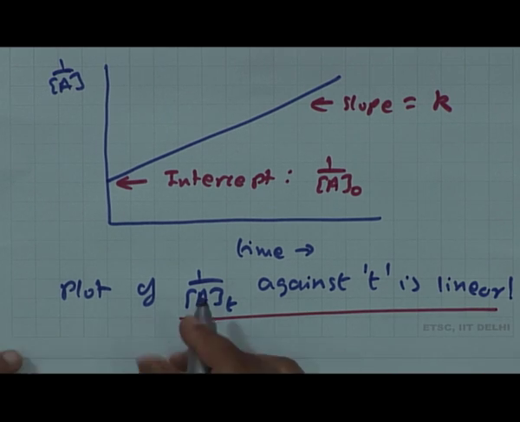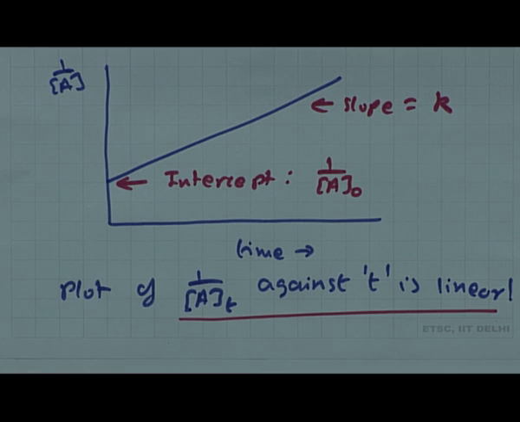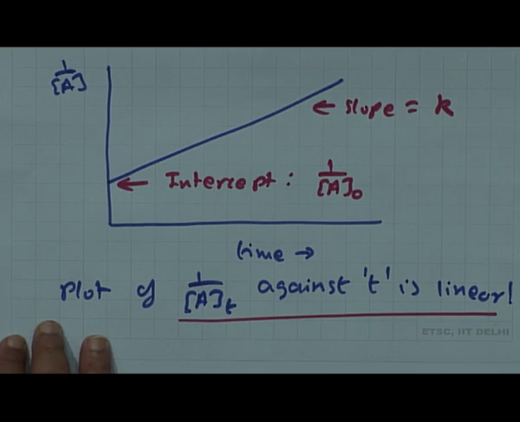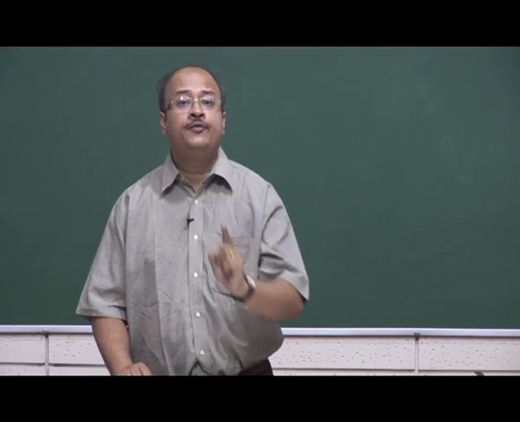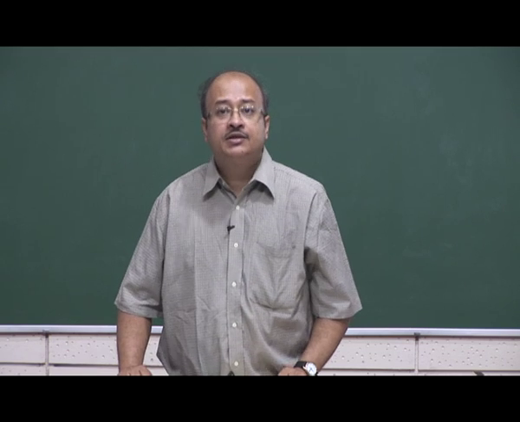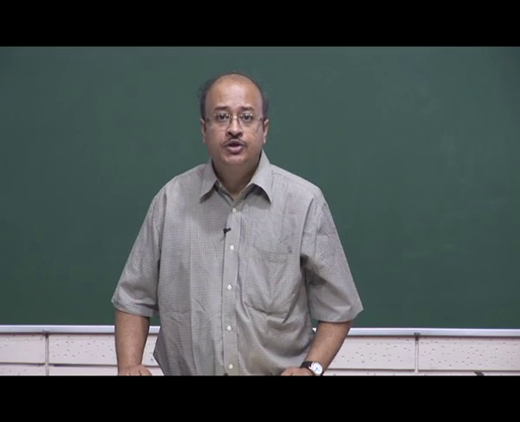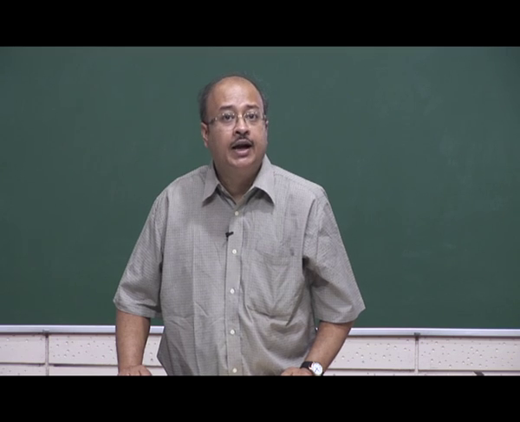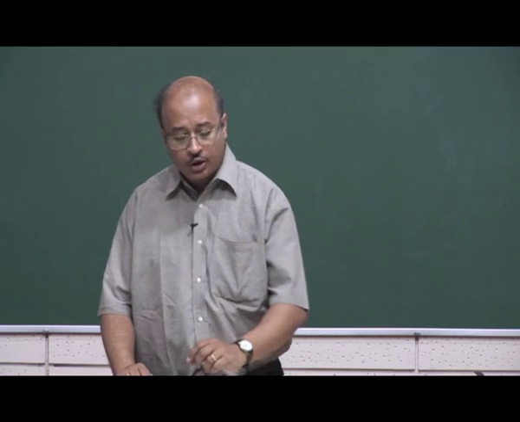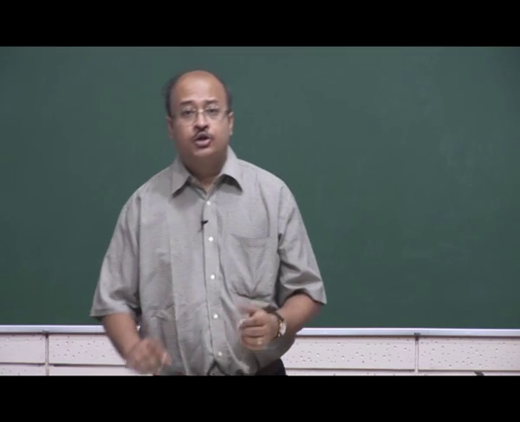So the plot of the reciprocal of the concentration versus the time, no matter what the unit is, has to be linear. Only if it is linear, only and only if it is linear, we say that this reaction follows second order kinetics, okay. Good. So what have we done?